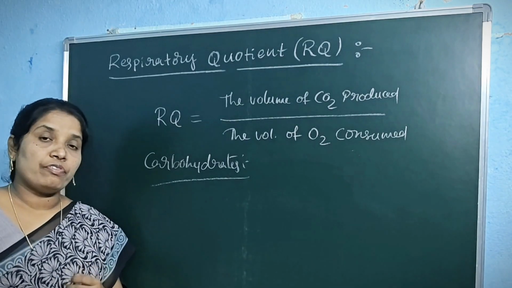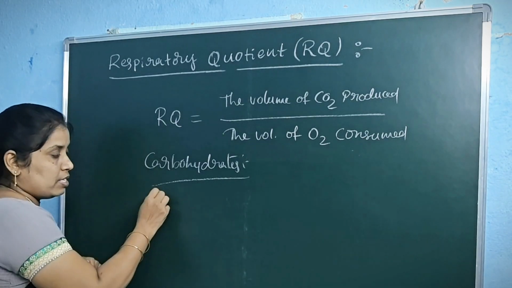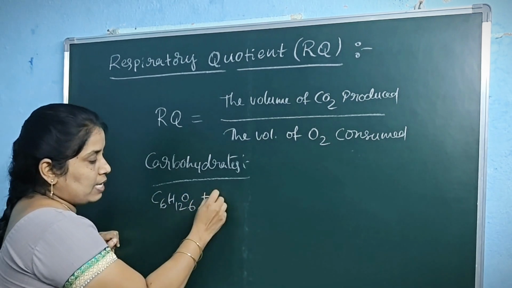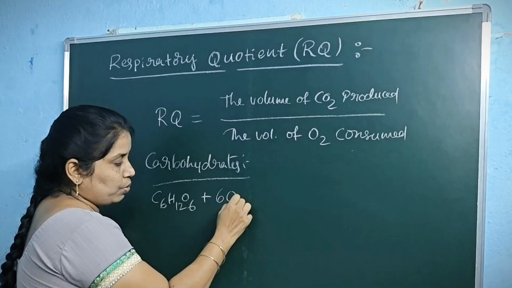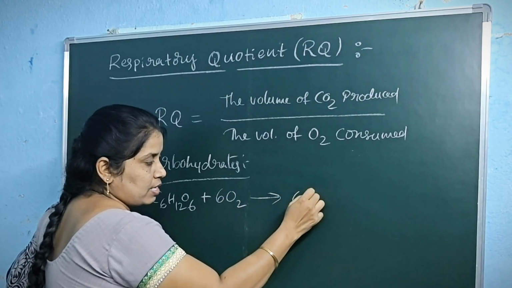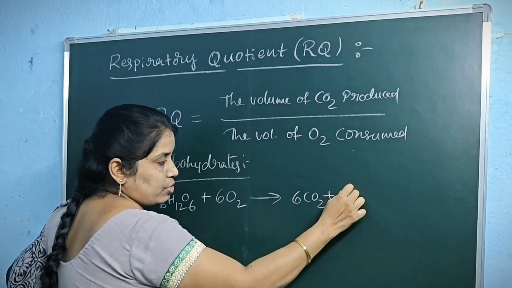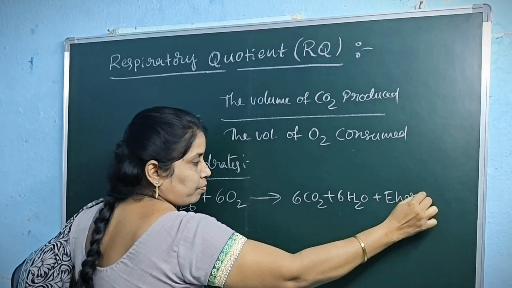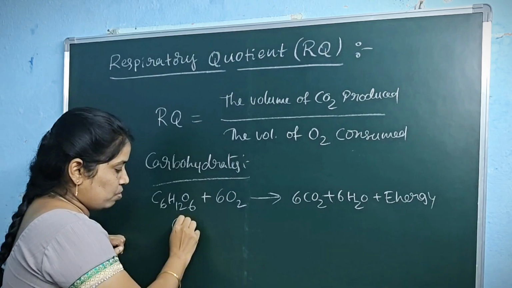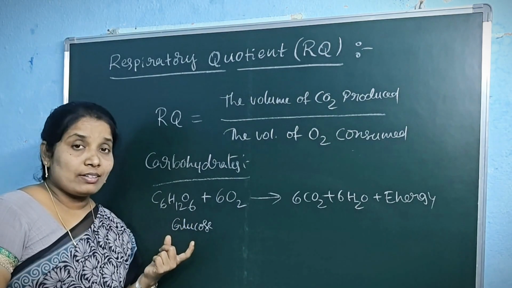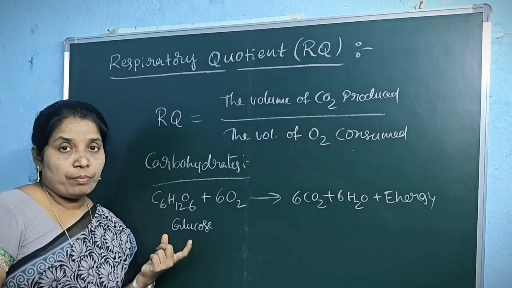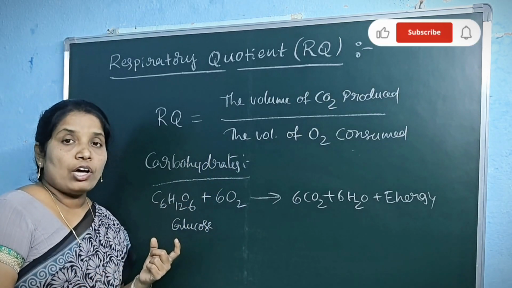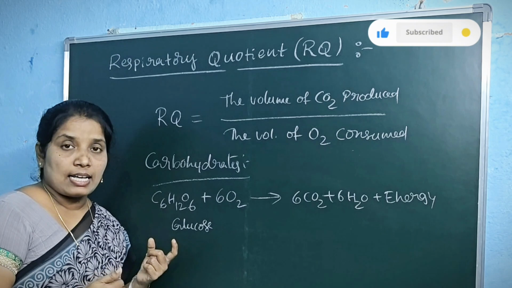So, let's see the equation for carbohydrates. C6H12O6 plus 6O2 gives rise to 6CO2 plus 6H2O plus energy. So, glucose. We can measure the RQ value by the volume of CO2 evolved by the volume of oxygen consumed.